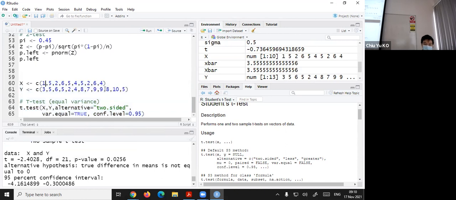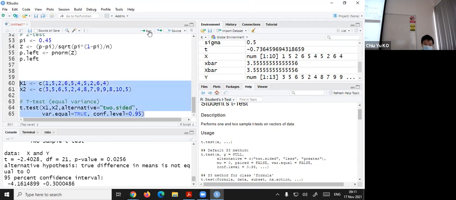You just add up how many there are. X has 10, Y has 13. So nx is 10 and ny is 13. So add up 23 and minus 2, right? Because it's n1 plus n2 minus 2. If you don't like this, you can use x1, x2, because I think this is more in line with your handout.